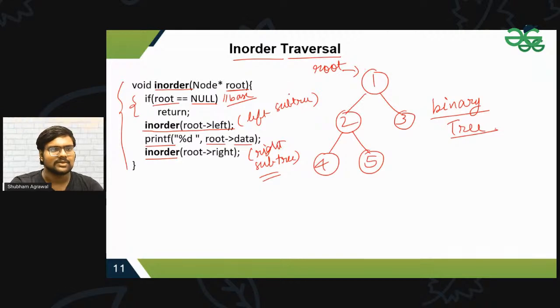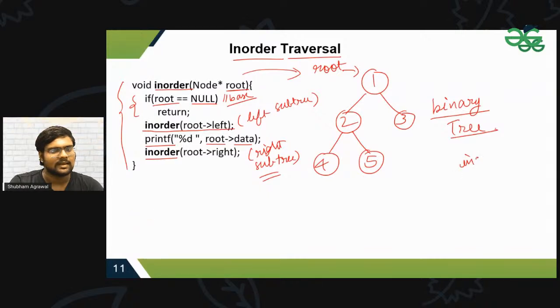In order, we first go to root. Root is not equal to null, so we will not go into this if condition. Then we will go to inorder of left. So let me write here, inorder of 1 is called.